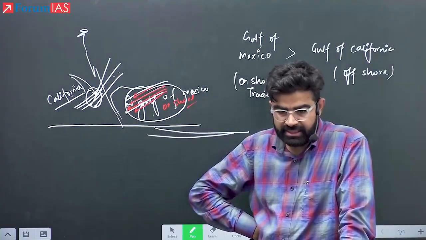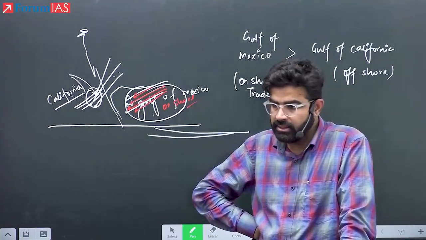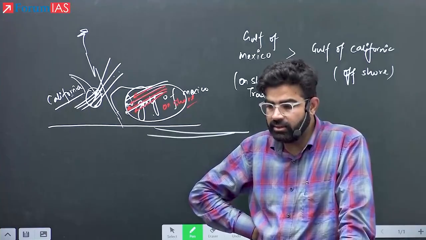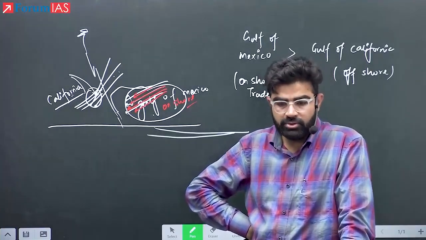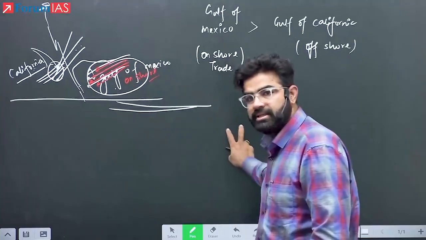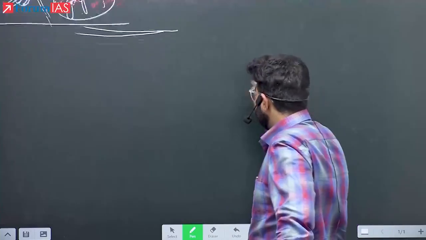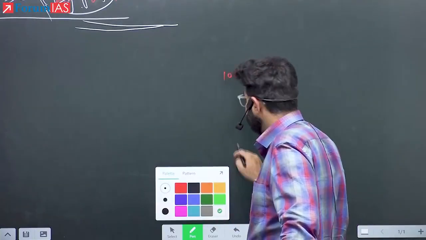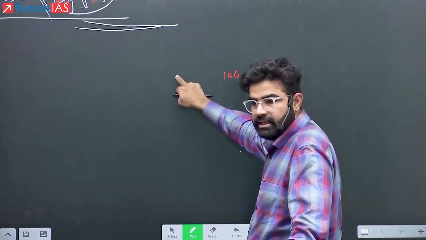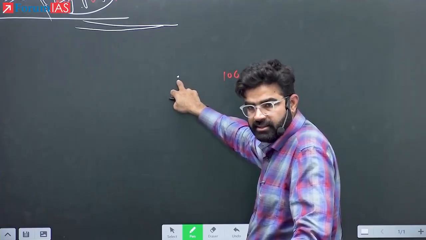Where is Labrador Sea? Near Canada, Labrador Current. That is on page number 82, 76 and 82. Or if you want to locate them together, go to page number 106. Page number 106. You can easily find near Canada, this eastern side of North America, Labrador Current is there. Yes or no?